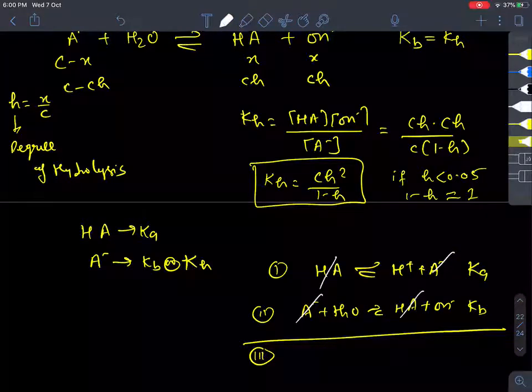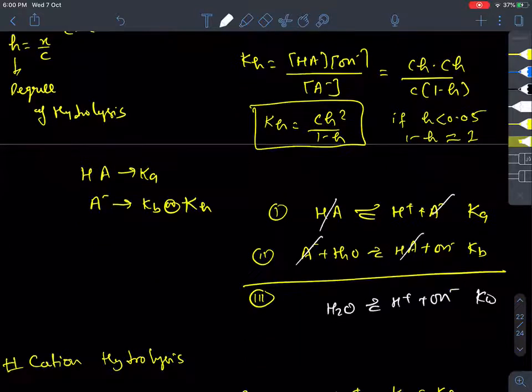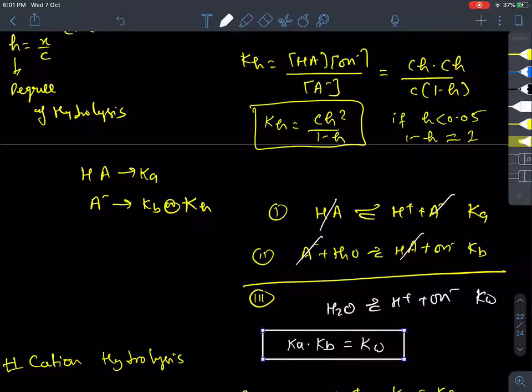What you are going to get? You will simply get water to H plus plus OH minus, which means this is Kw. So if 1 plus 2 is equal to 3, then you know that the equilibrium constants multiply: Ka into Kb is equal to Kw. Please remember this relation, which is very, very important.